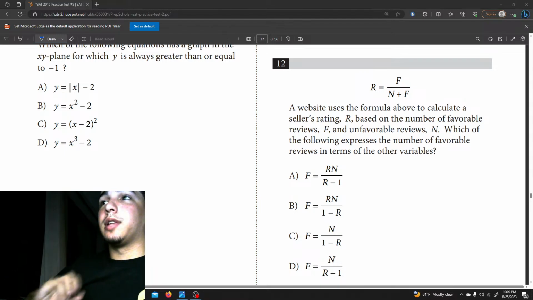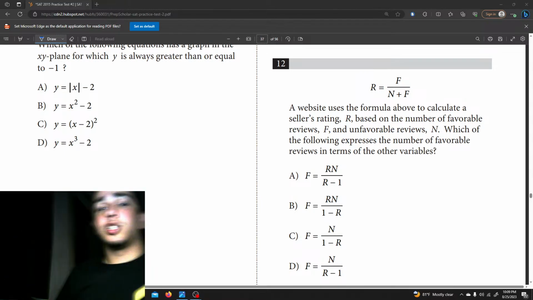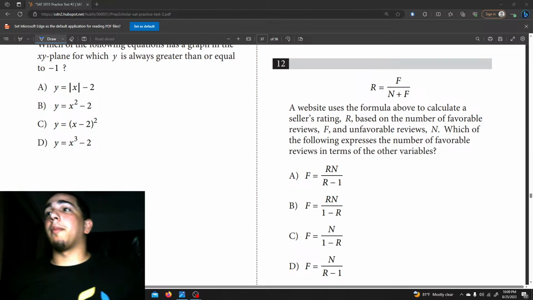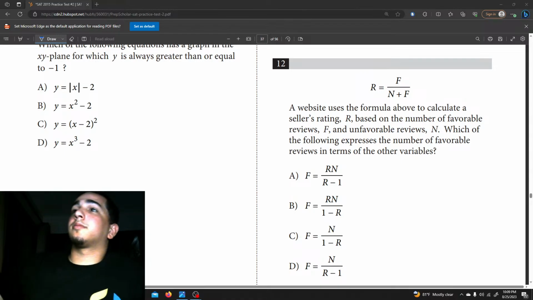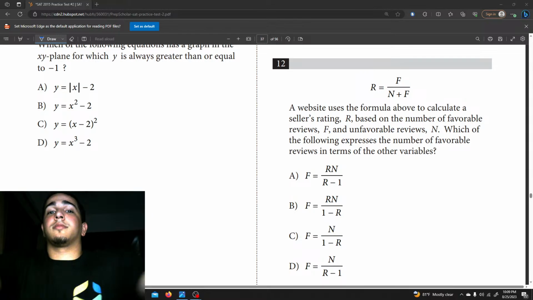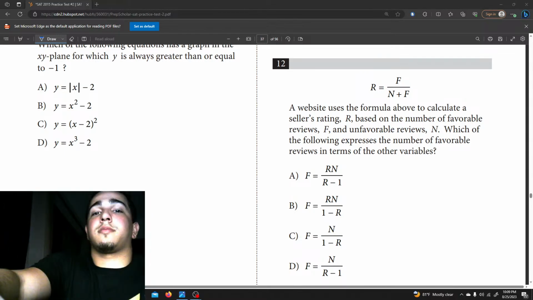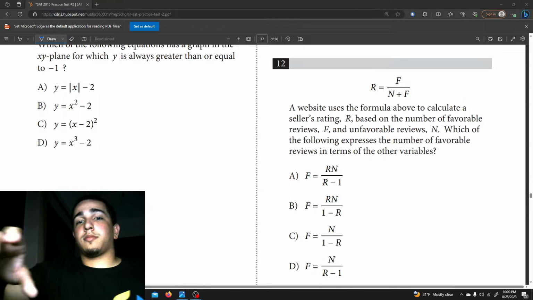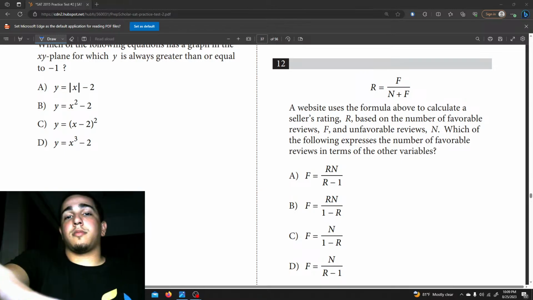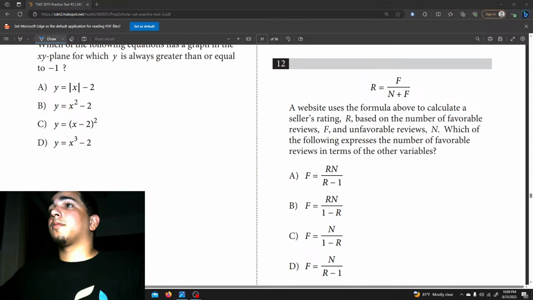If you have any SAT related questions, include that in the chat and I will try my best to answer it. Let's see if anybody can solve number 12.